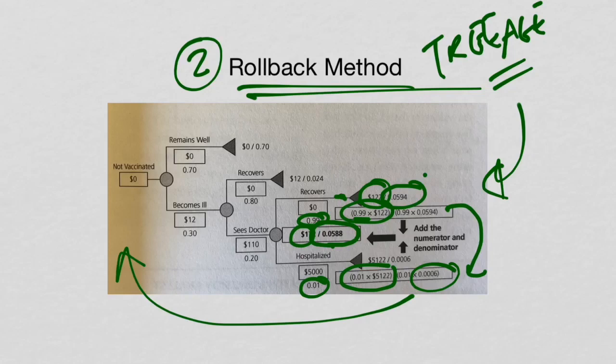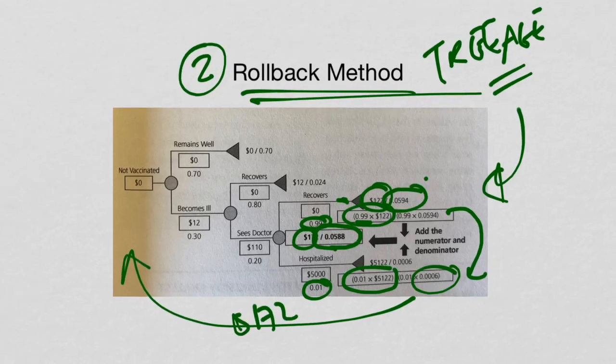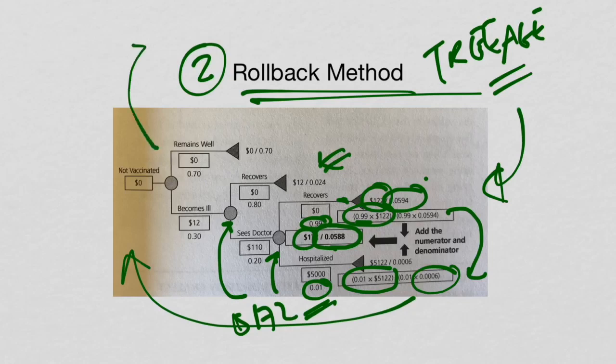So now that you have this expected value here, you would then compare this expected value and this expected value here. And now you do the same for this node. You work backwards, and you would do the same for the other decision, which is the vaccinated.